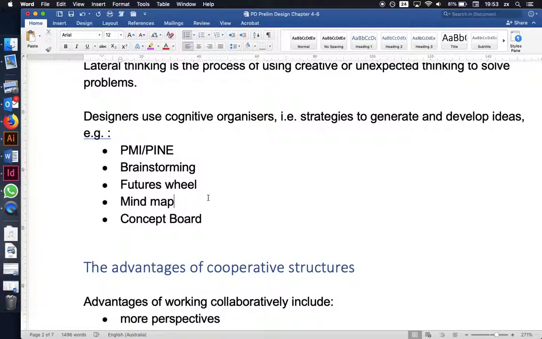So that's where the idea of there's no wrong answers in brainstorming comes from, that you want to try and shut down the critical brain, which I think is the black hat in the Edward de Bono hats. You want to try and just enhance your creativity. You want to get people feeling comfortable throwing out different ideas and trying to get past that critical thinking part of your brain.